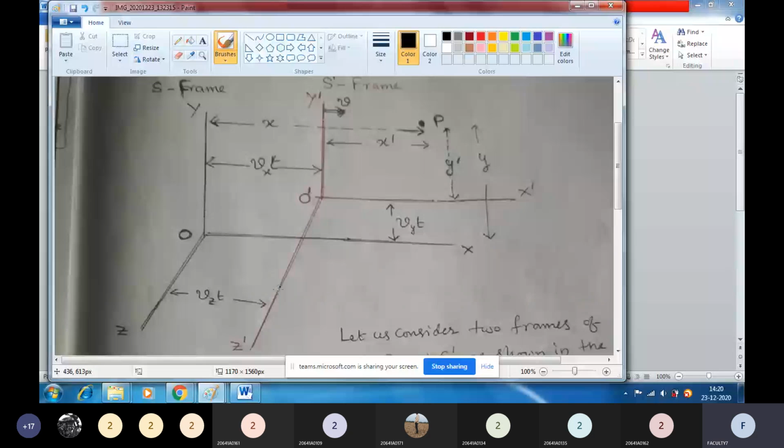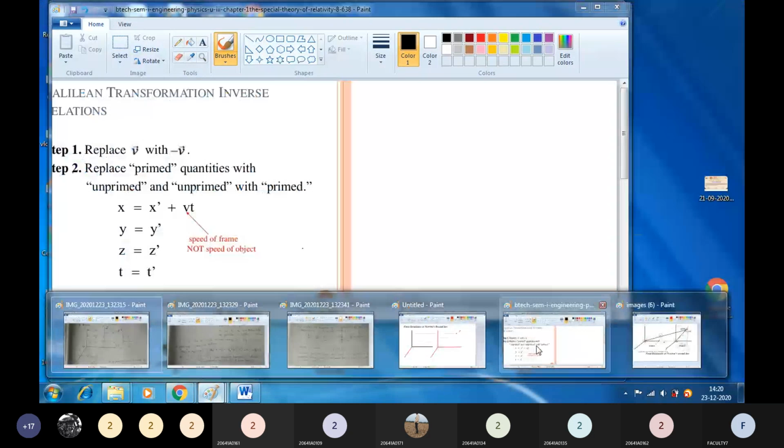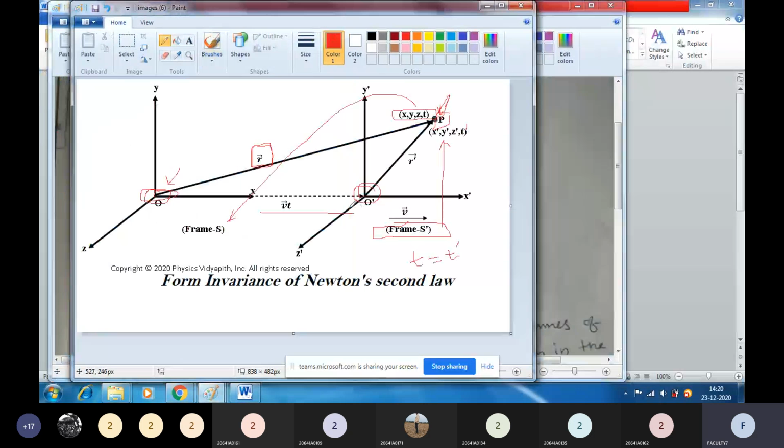This diagram might not be clear because it is a two-dimensional diagram, but you need to consider that the frame has moved in 3 dimensions. In the previous diagram, we saw displacement only along the x direction. Now we are moving the frame into 3 dimensions.